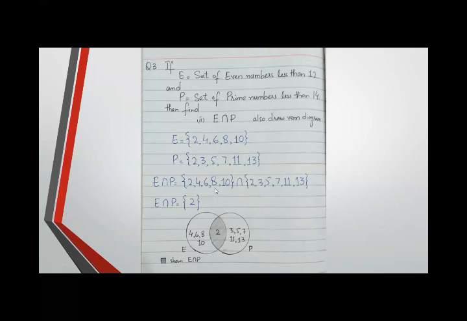As you see students, 2 is the common element or the common member in both sets. So here we write E intersection P equals 2. Now the diagram is drawn in a similar manner, and we only shade the central part of these circles. So this shading shows E intersection P, which means that this 2 is a common element in both sets.